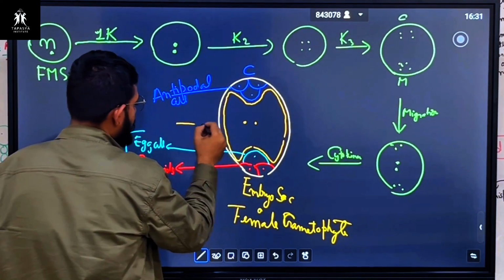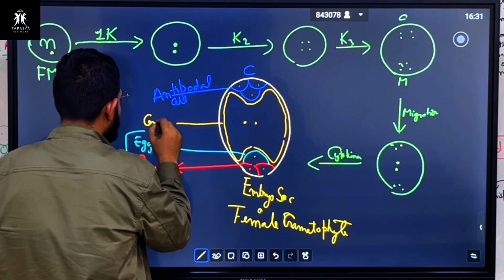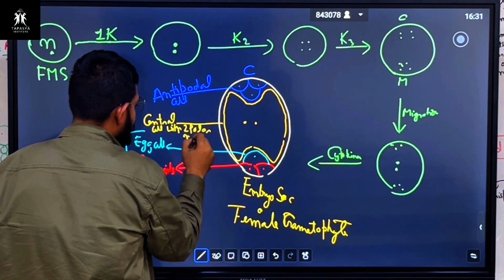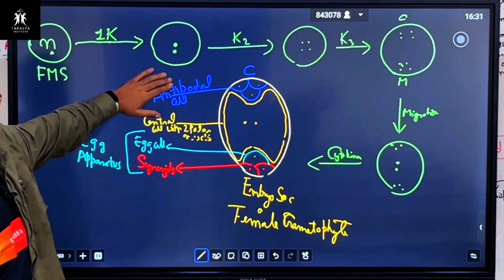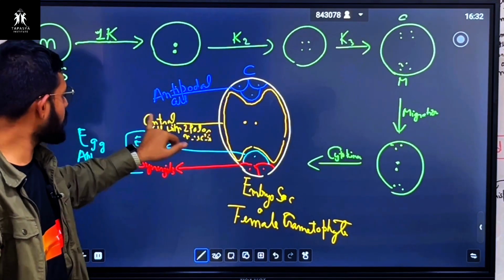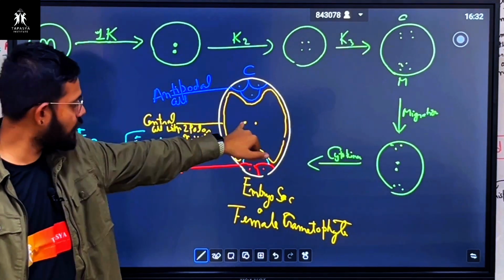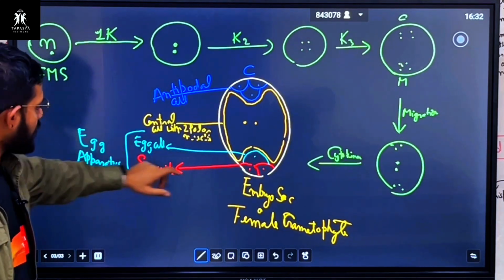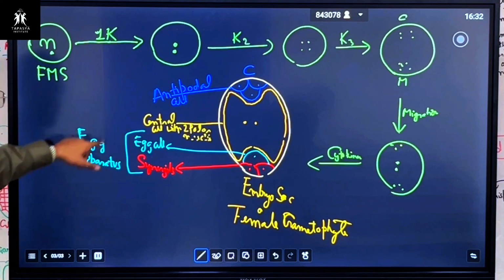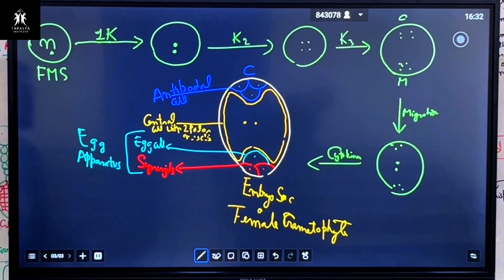In the center, the big one is your central cell with 2 polar nuclei. So the upper one at the chalazal end is the antipodal cells, the middle one is the central cell with 2 polar nuclei, and the lower ones, these two are synergids, and this one is the egg cell. Together they are called the egg apparatus.